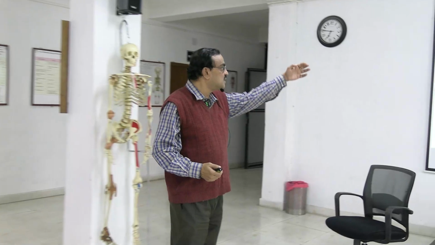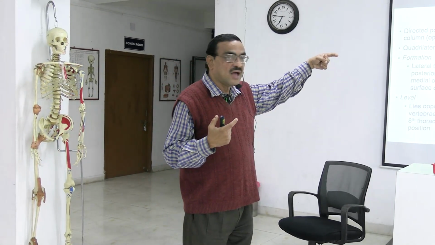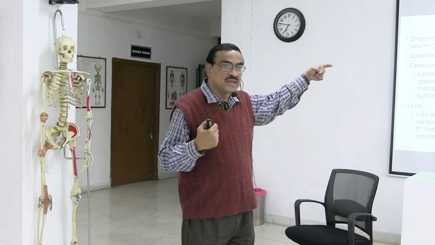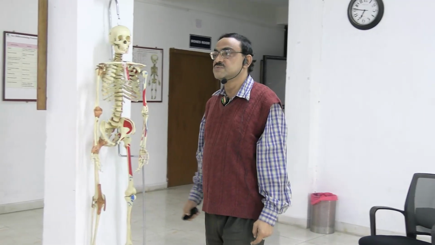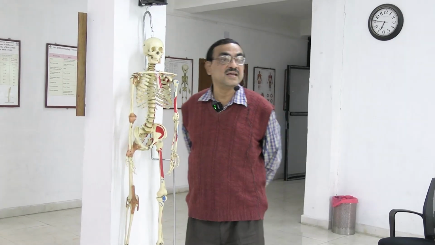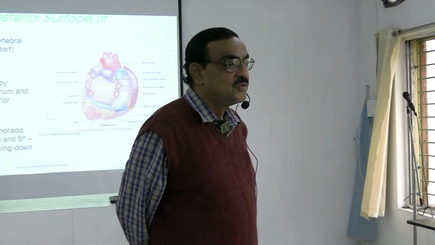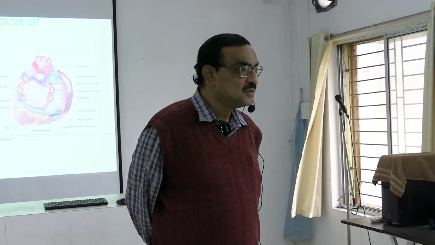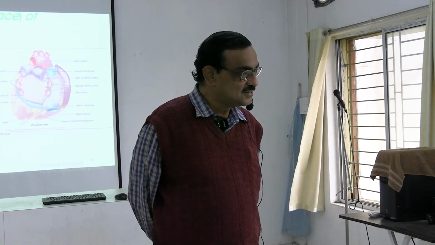And if we place our fingers in between the aorta and pulmonary trunk in front and the veins behind, that is the transverse pericardial sinus. And these two sinuses are very important for cardiothoracic surgeons.